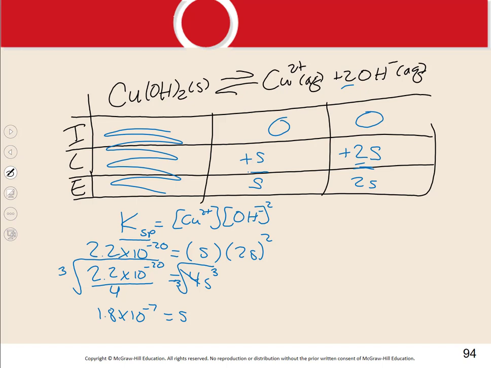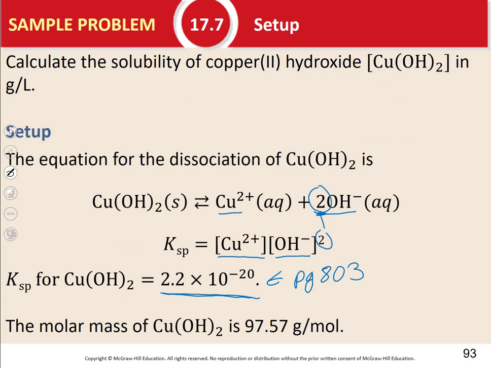Okay. So what is the unit here for S? Molarity. But the question asked us for what unit? Grams per liter. So what do we still need to do with this molarity? Good. Multiply by the molar mass. The molar mass of copper 2 hydroxide, you add up copper, 2 oxygens and 2 hydrogens.